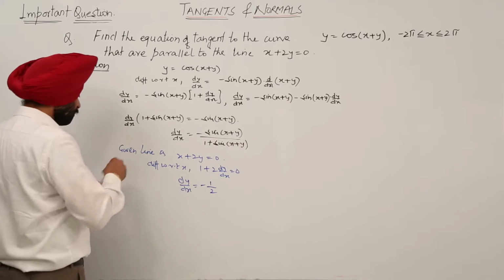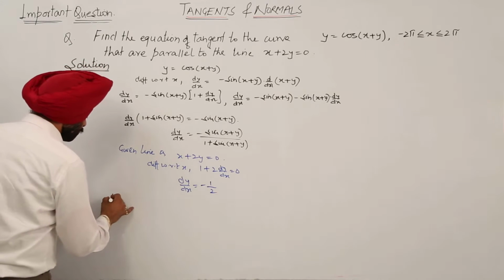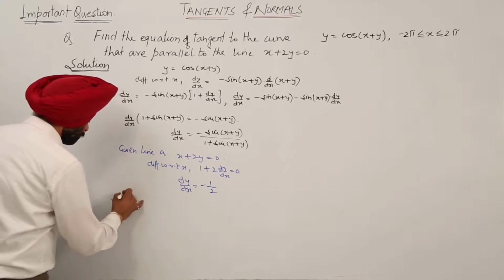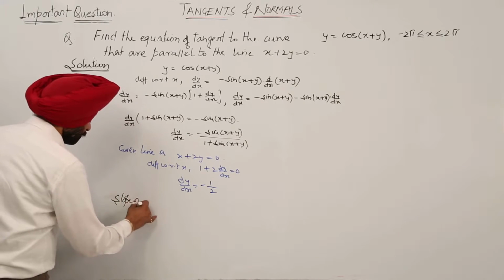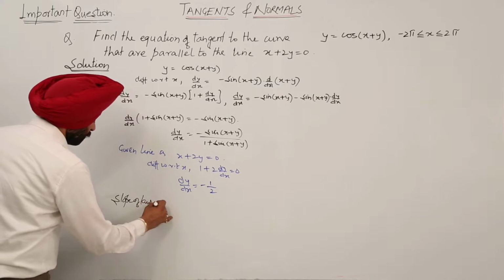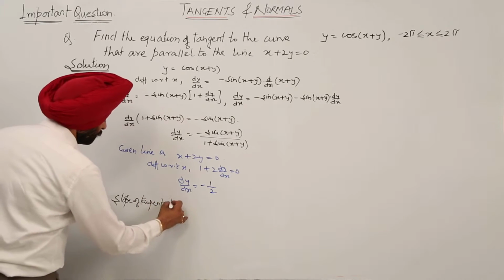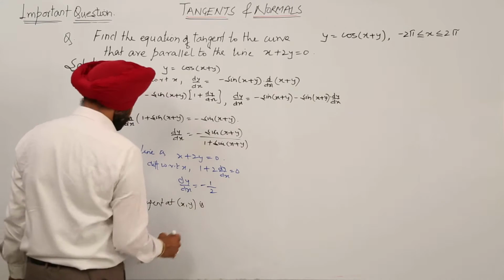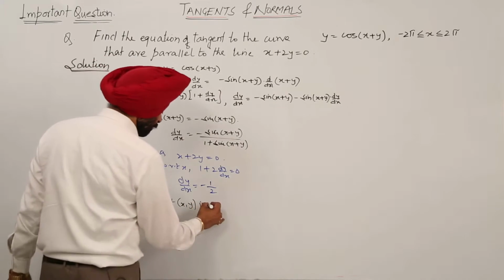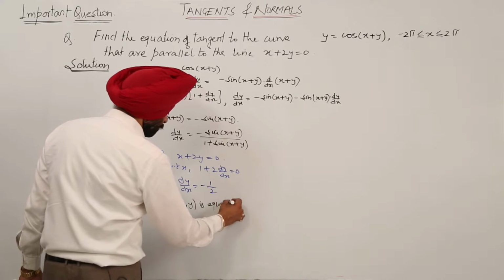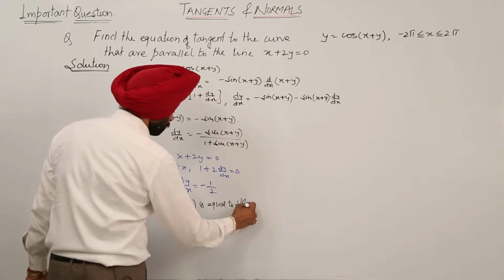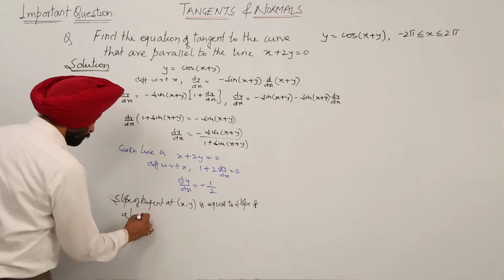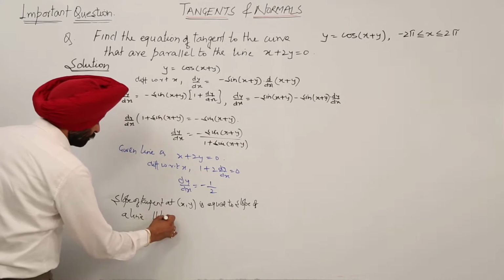Now we can write it: the slope of the tangent at (x, y) is equal to the slope of the line parallel to the tangent.